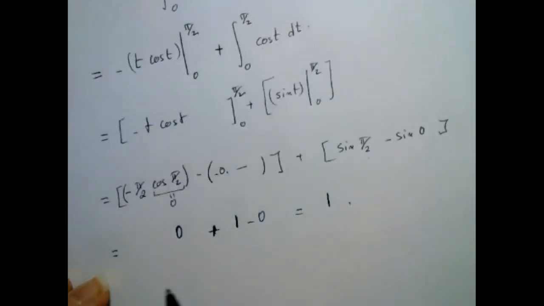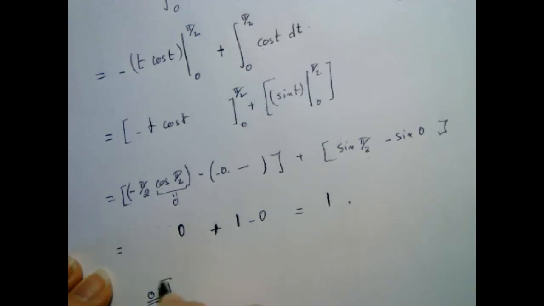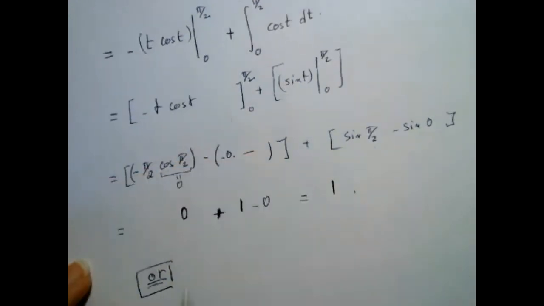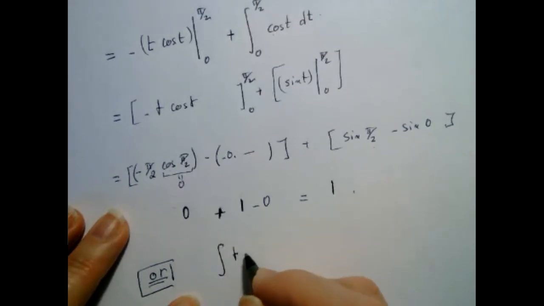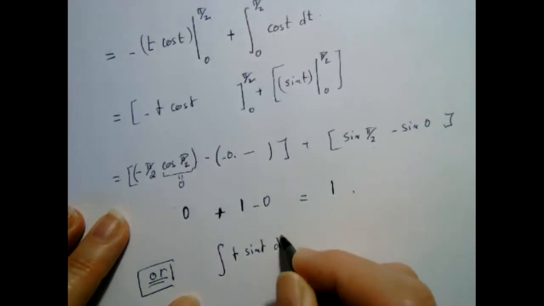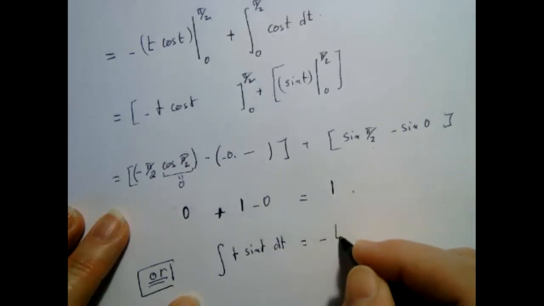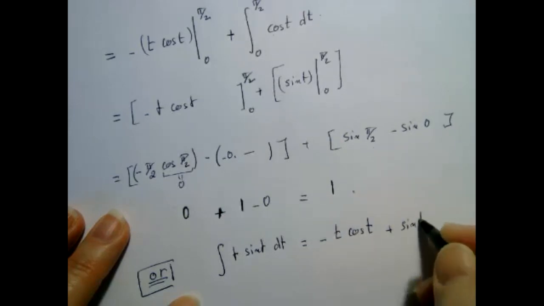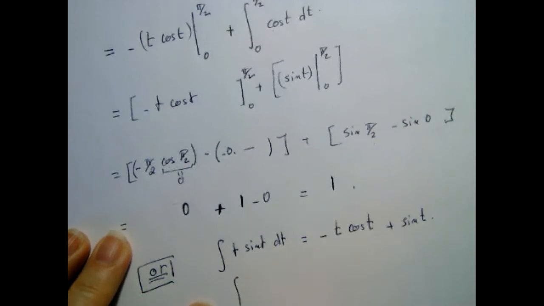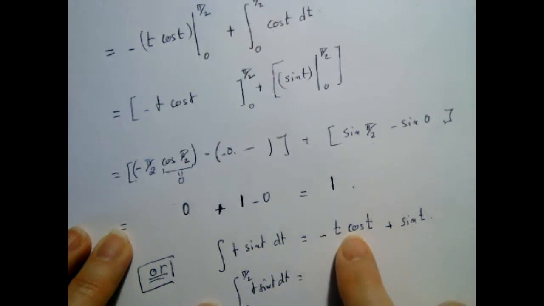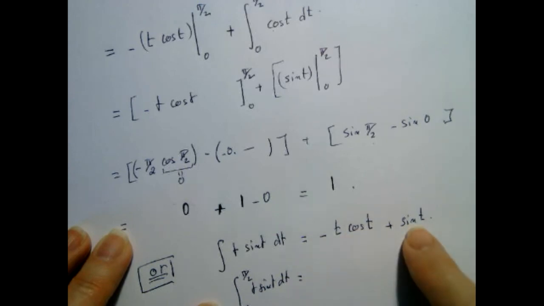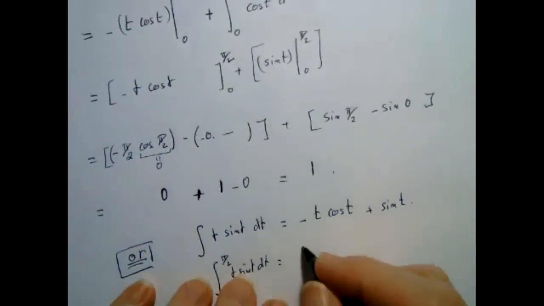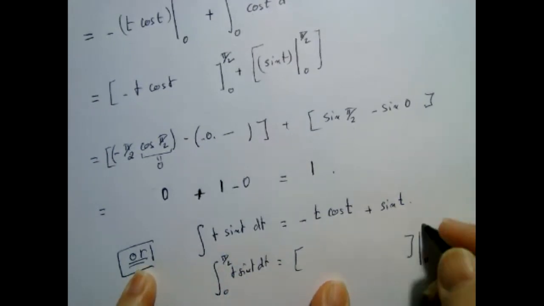Now, you could have done it like this, or you evaluate this integral the regular way. You find the antiderivative by using integration by parts, and you will get minus t cosine t plus sine t, the regular way. And then when you want to evaluate the definite integral, instead of evaluating this between 0 and pi over 2 by itself, and this between 0 and pi over 2 by itself, you can evaluate the whole thing between 0 and pi over 2.